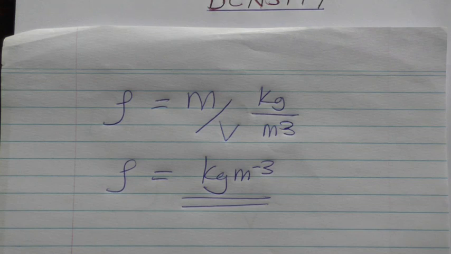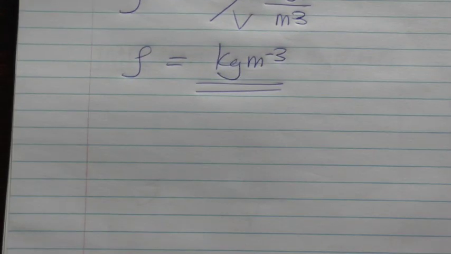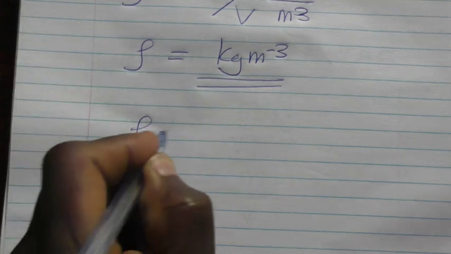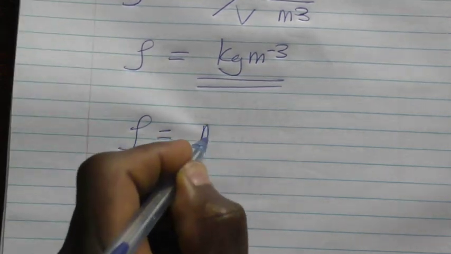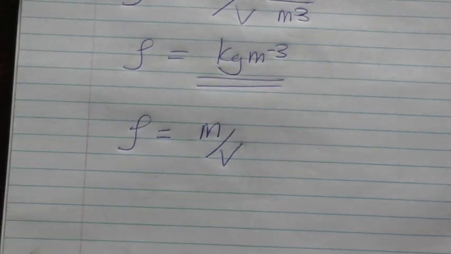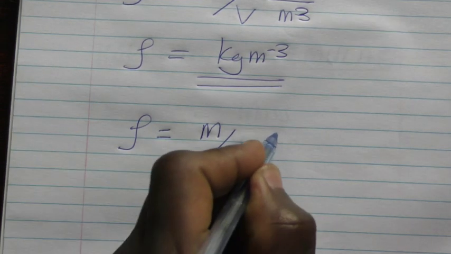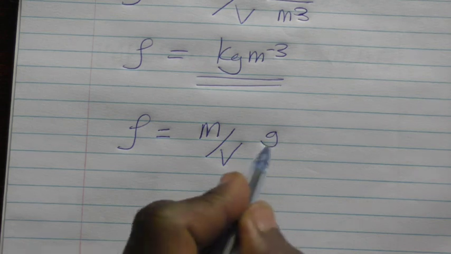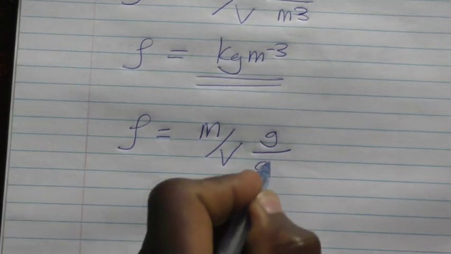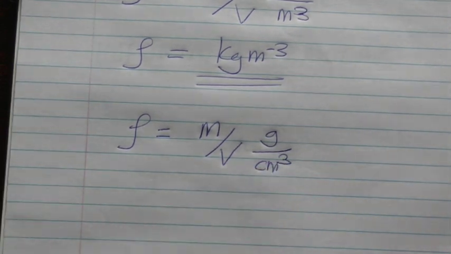Apart from the kilogram per cubic meter, we also have another common unit that we use, and that is grams per cubic centimeter. And now, how do we come up with that? Still from the same formula of density, which is mass over volume. This time around, mass will be measured in grams, and the volume will be measured in cubic centimeters.